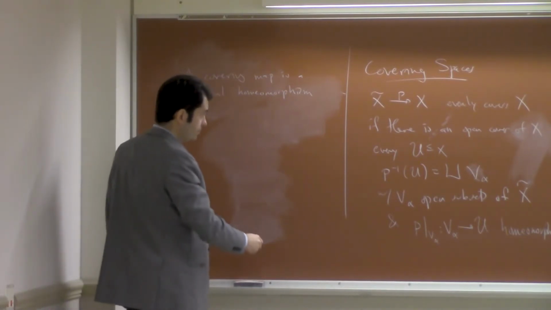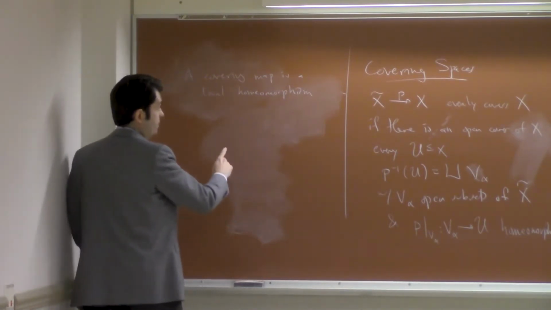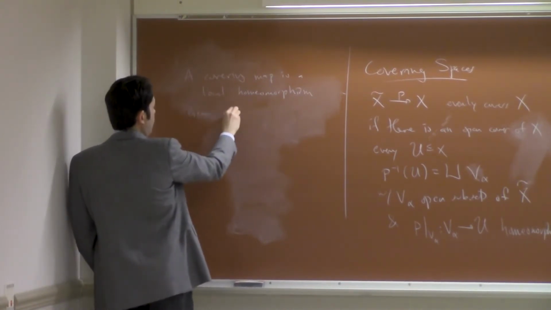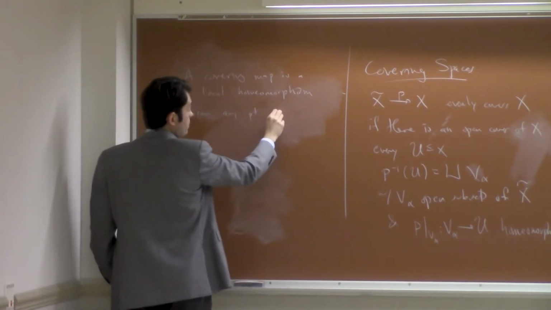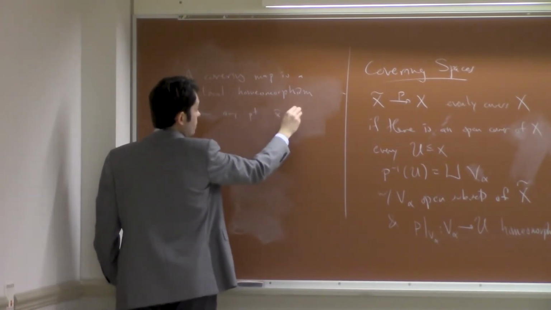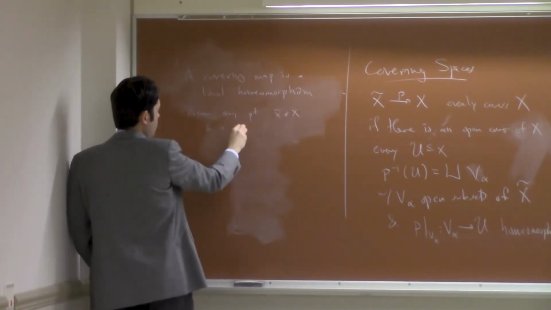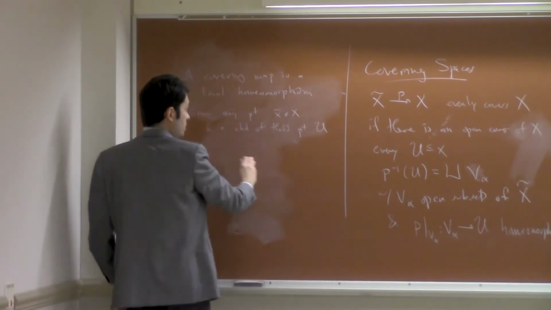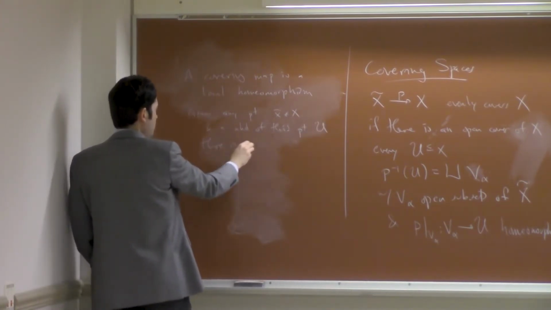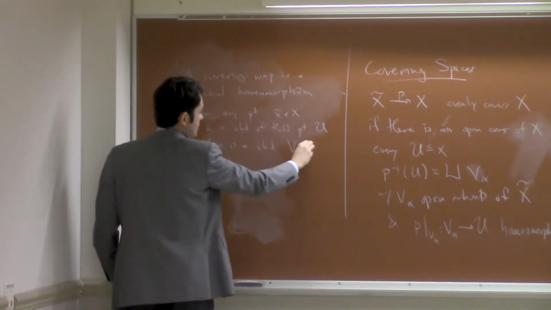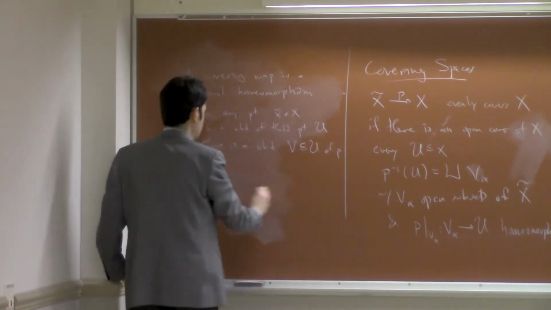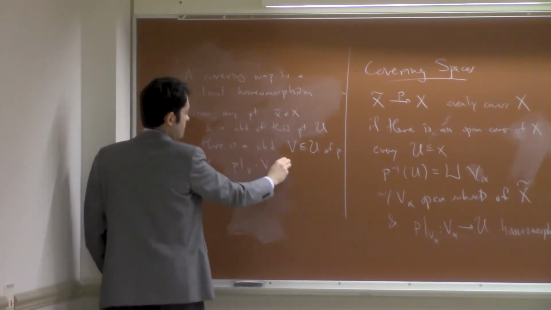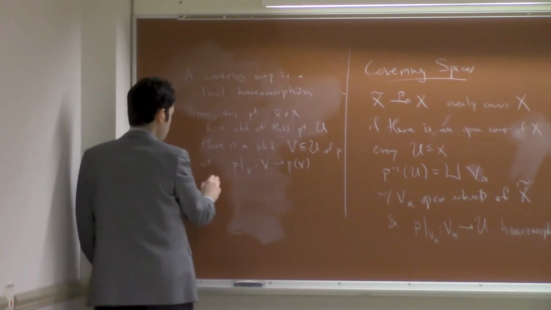So one way of saying that is that given any point x tilde in X and a neighborhood U of this point, then there is a smaller neighborhood V such that P restricted to V is a homeomorphism.